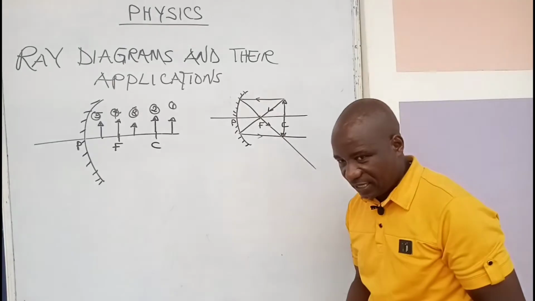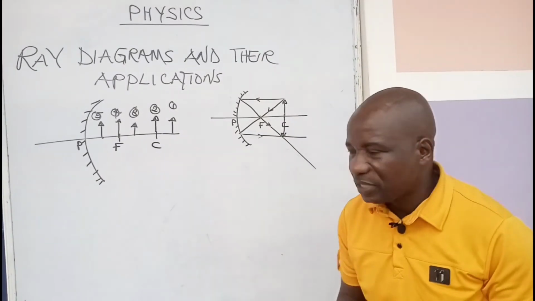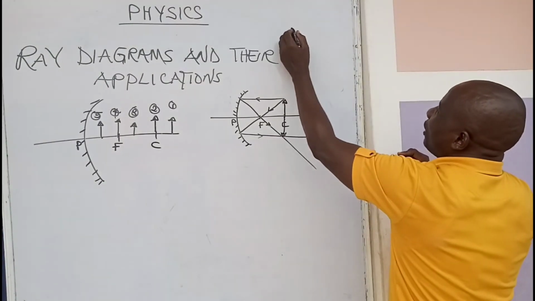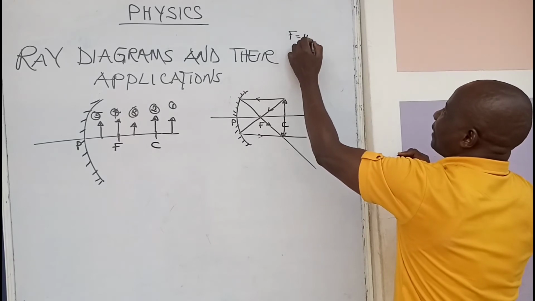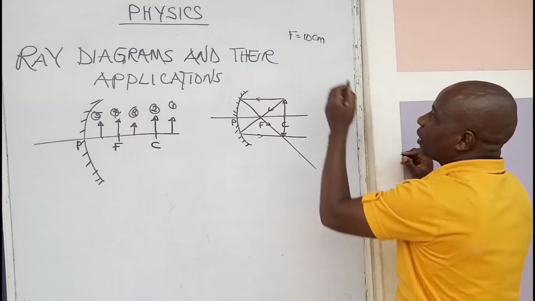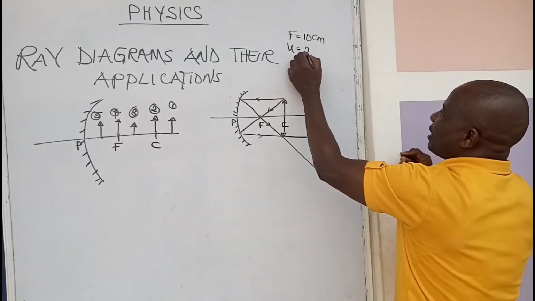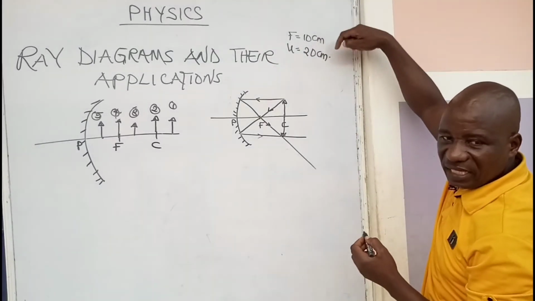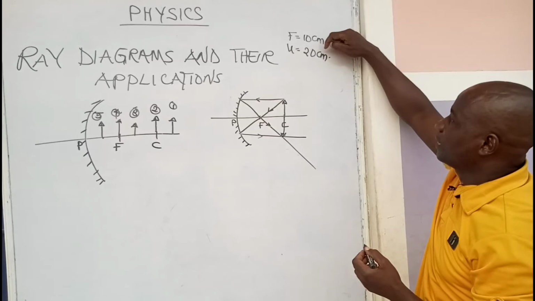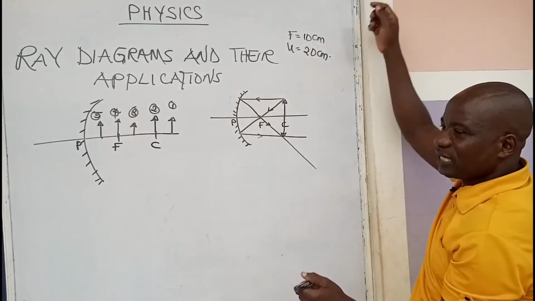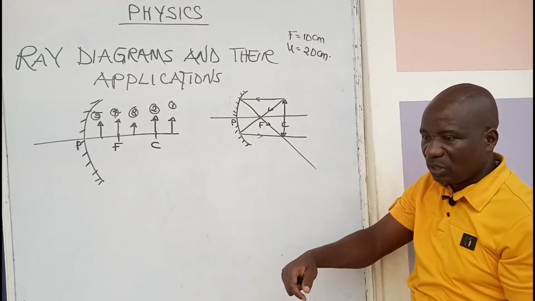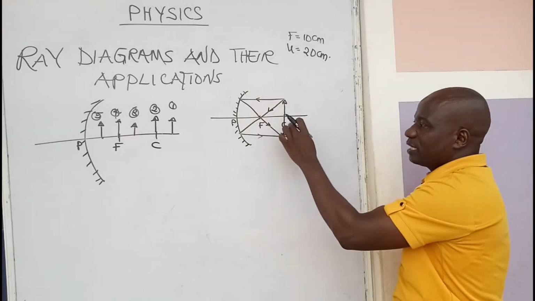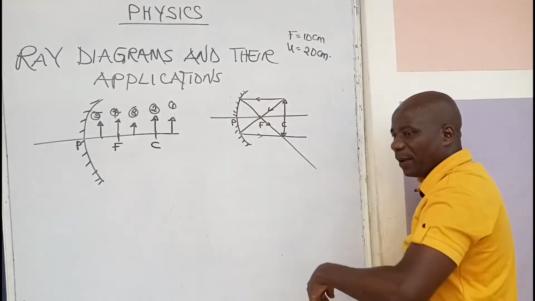This is how the question could be framed: if the focal length is 10 centimeters and the object distance is 20, it means twice the focal length. So, twice the focal length means it is placed at the radius of curvature. And when the object is placed there, the image is going to be formed at the same point.